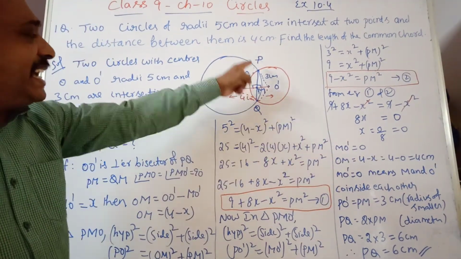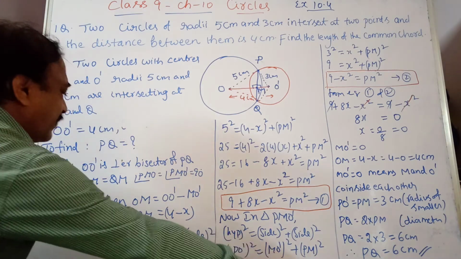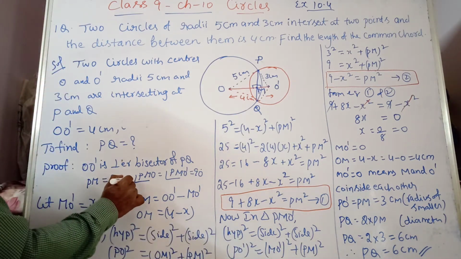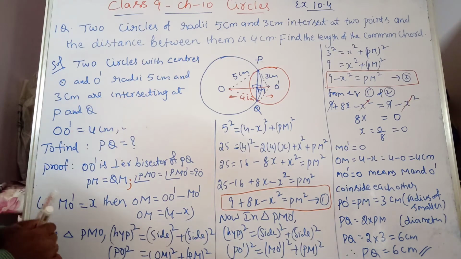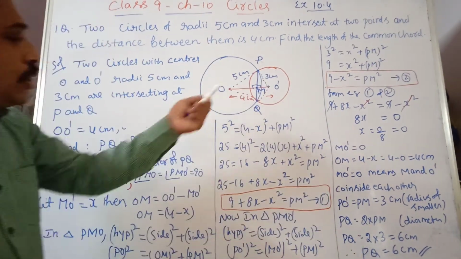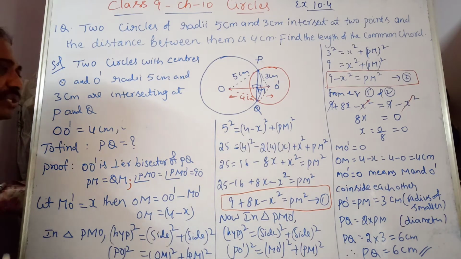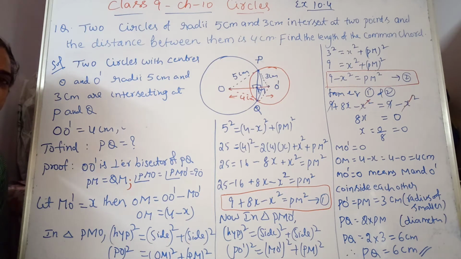As we assumed PM is equal to QM, PQ will be the diameter of the smaller circle. PQ is 2 times PM, which you can write as 2 into 3 is equal to 6. Is it clear, students? I hope you understood.